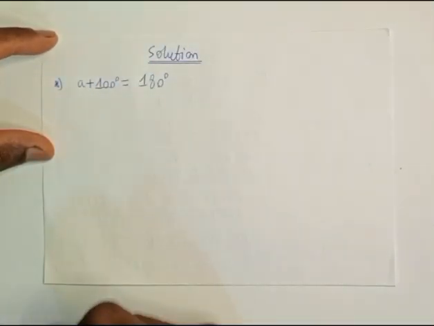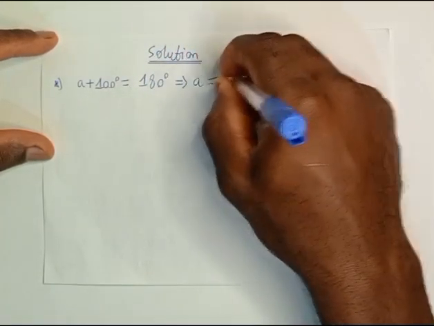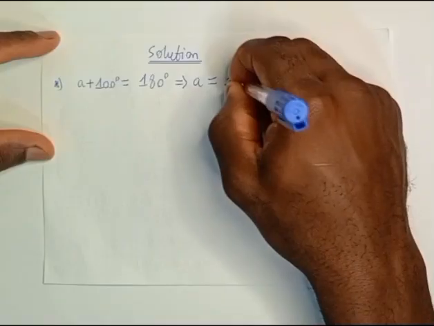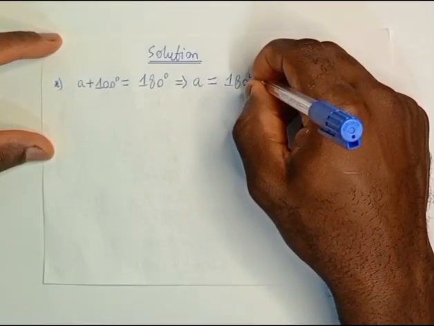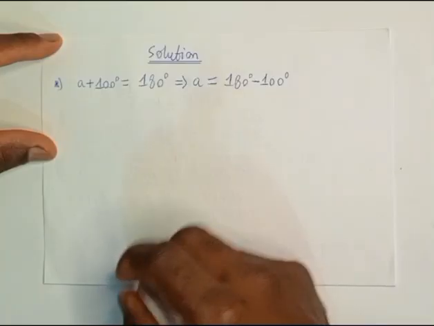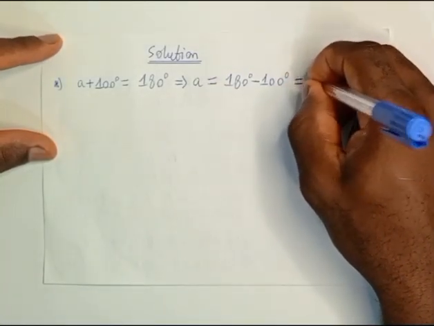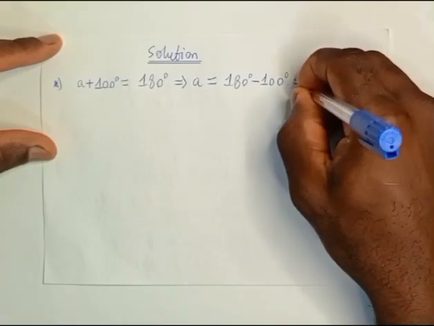They are straight line angles. Then, to make A the subject of formula, A will be equal to 180 degrees minus 100 degrees. And this will give us our A to be equal to 80 degrees.